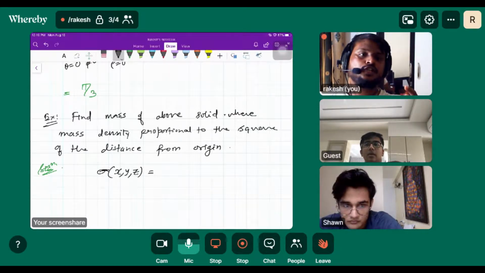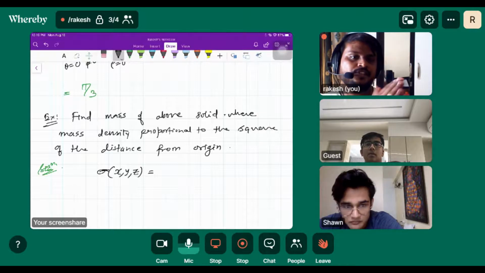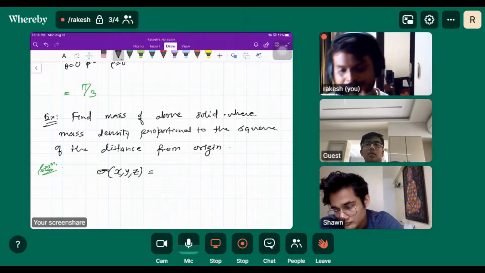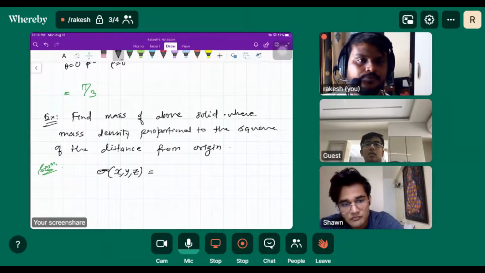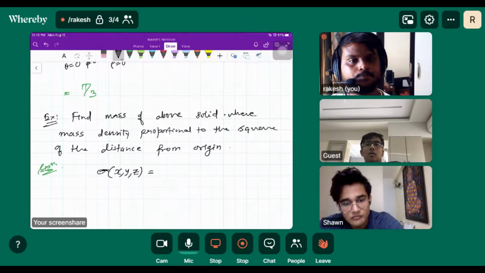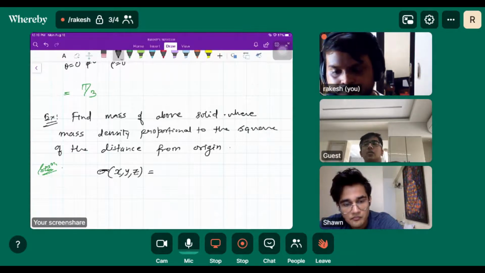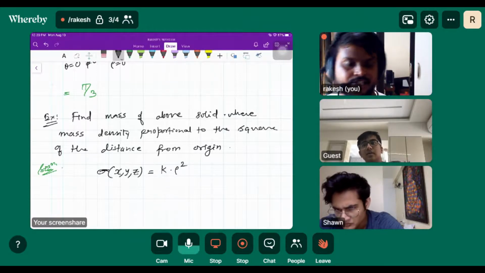It's proportional to the square of the distance from origin. K rho square, whatever the appropriate number. Yeah, fine, K rho square.